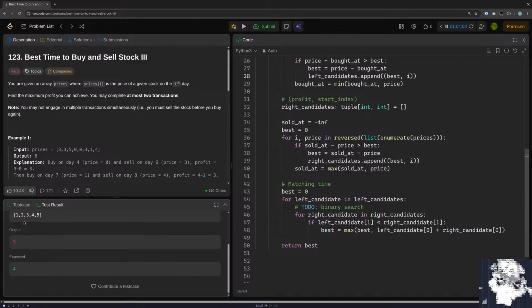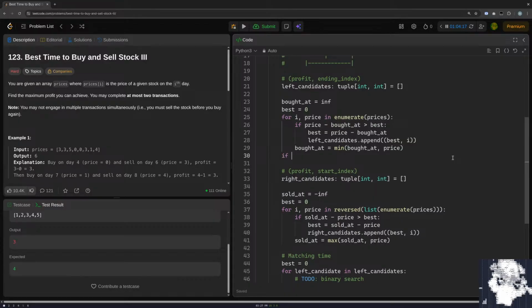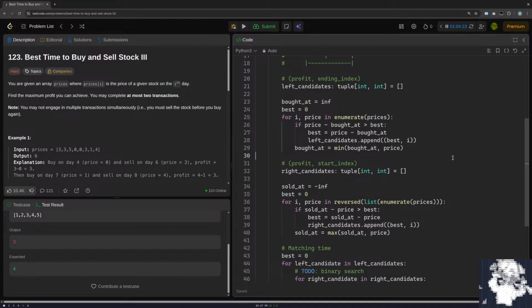Not always. So when strictly increasing, oh, okay, I forgot. There's one extra candidate. No, sorry, there isn't one extra candidate there. Oh.